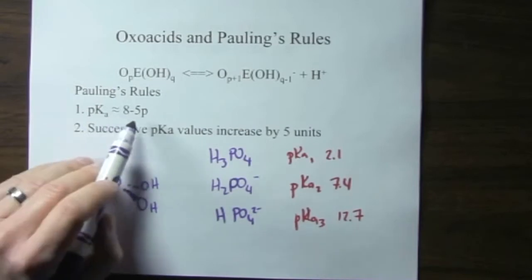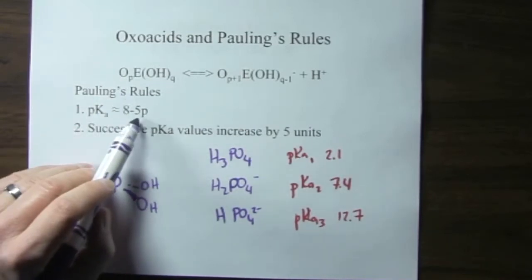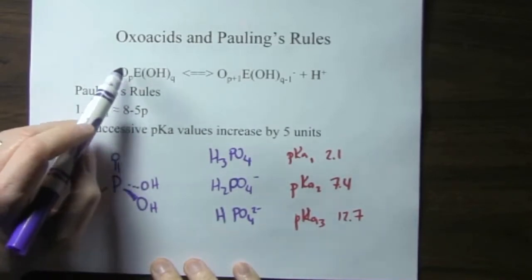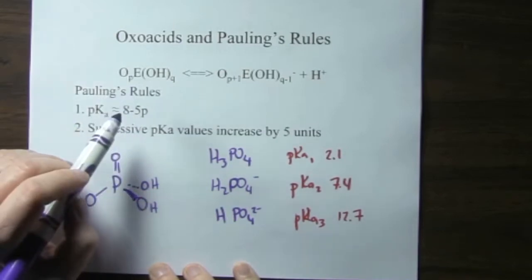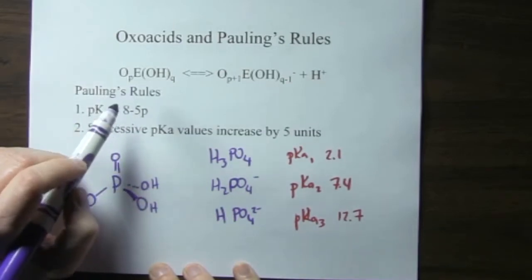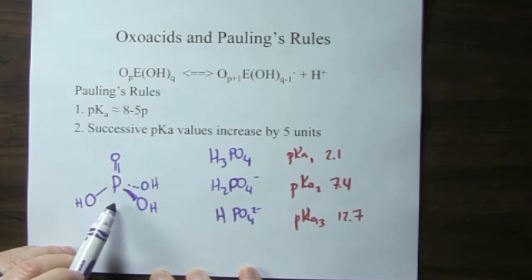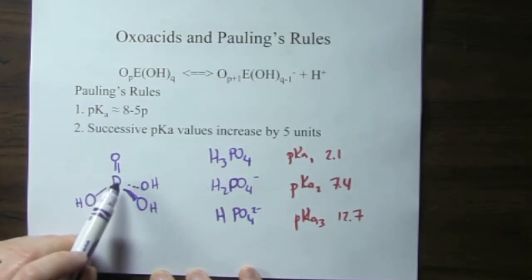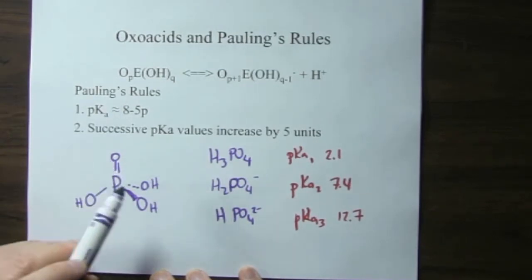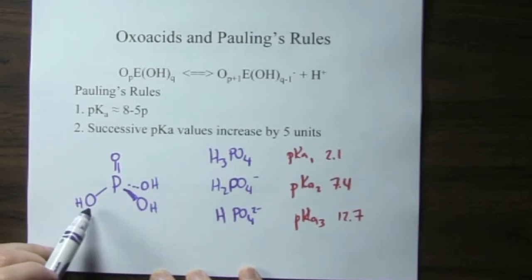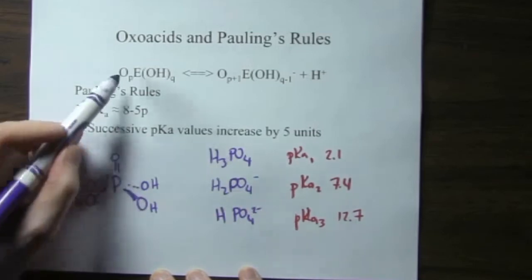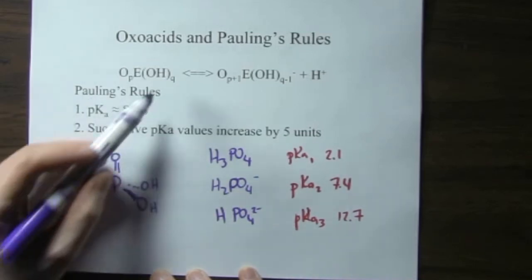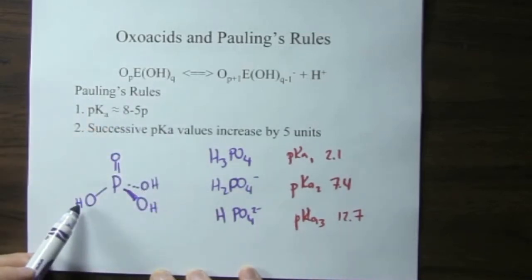So Pauling says that the important parameter here is the P value, or how many oxides are bonded to the central atom. Let's look as an example at phosphoric acid. Phosphorus is in the center. We have an oxide and 3 OHs surrounding that phosphorus. So that means our P is 1, and then our Q is 3.